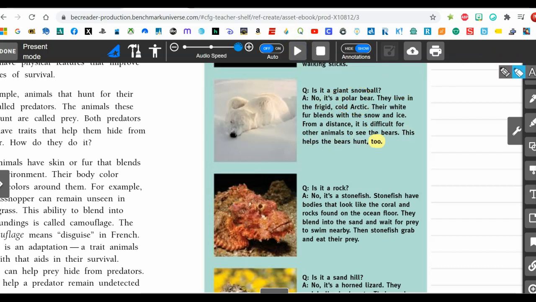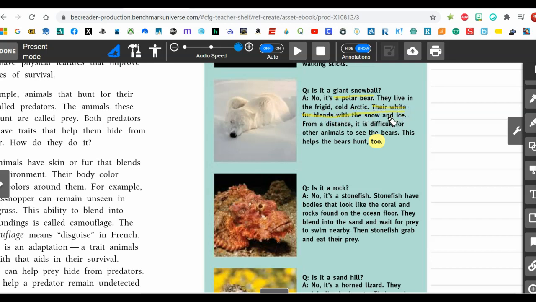All right. So what is it? It's a polar bear. They live in the frigid, cold Arctic. Their white fur blends with the snow and ice. So what's their adaptation? They blend in. Right here, their white fur blends with the snow and ice.